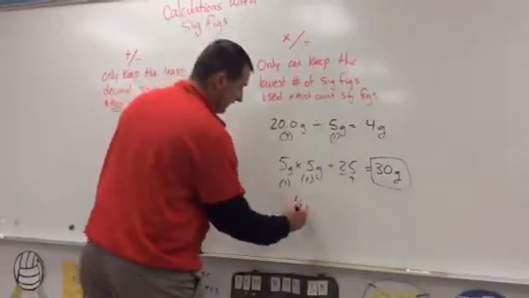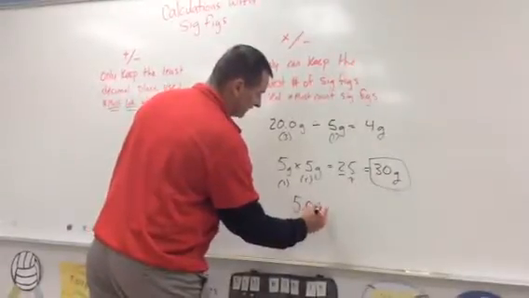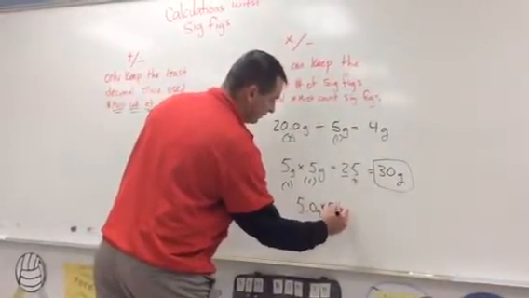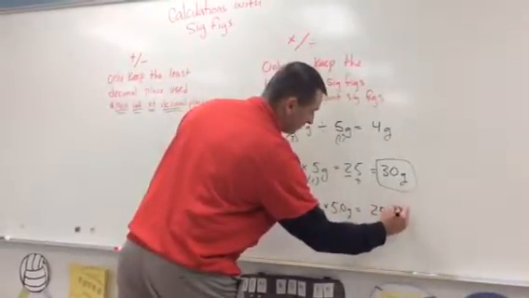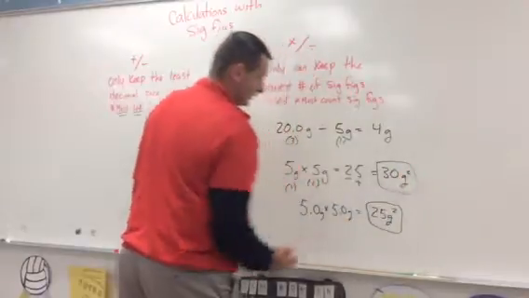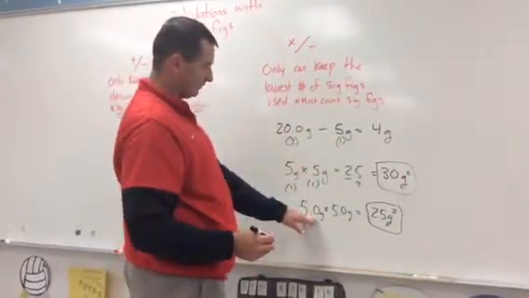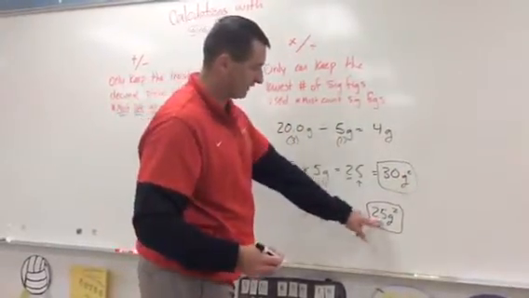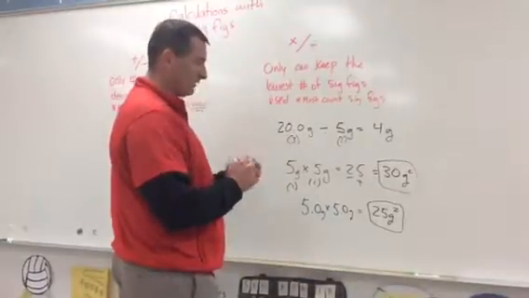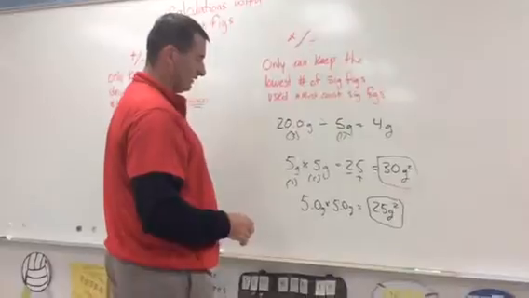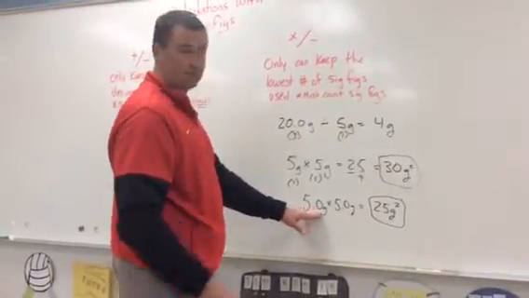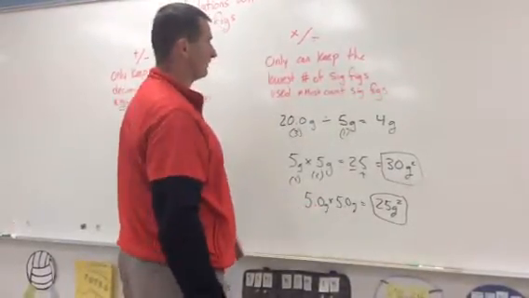But if I have 5.0 times 5.0, then that is 25 grams squared, because I had 2 significant figures, so I can have 2 in my answer. So that's why it's really important to put units on your measurements and make sure you go to the correct precision of your instrument. So that's how you calculate sig figs.